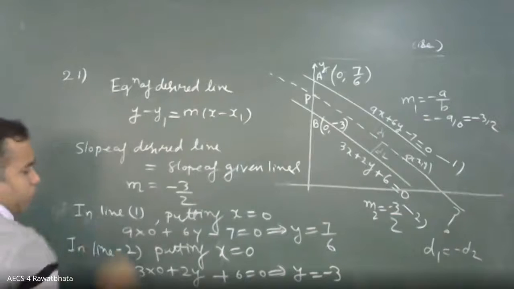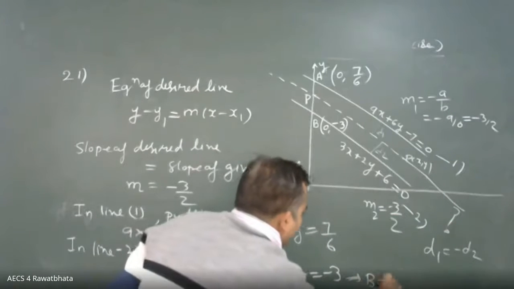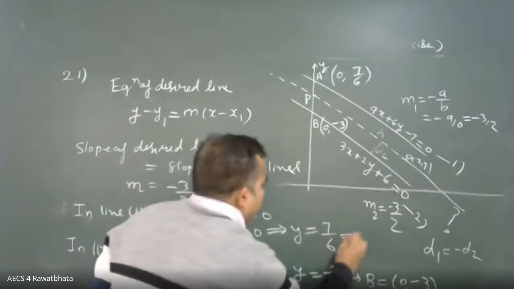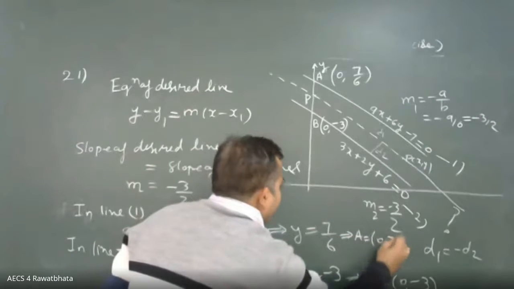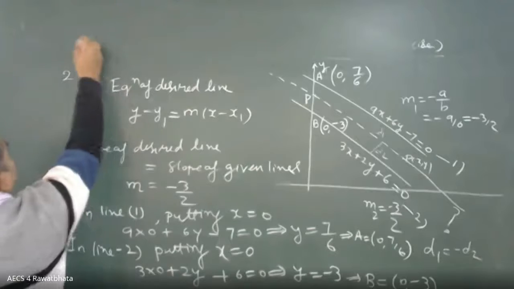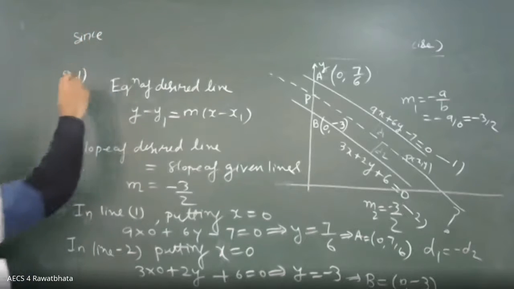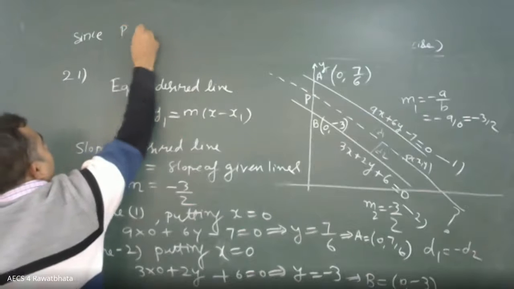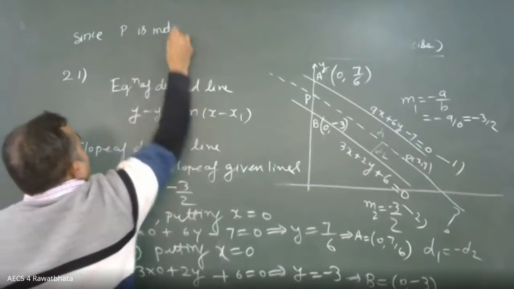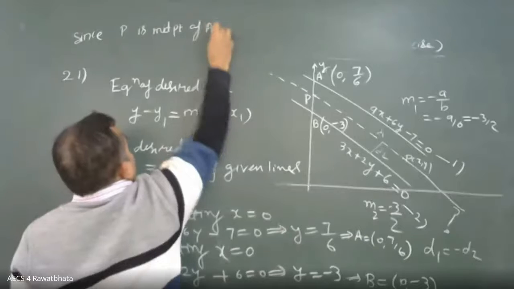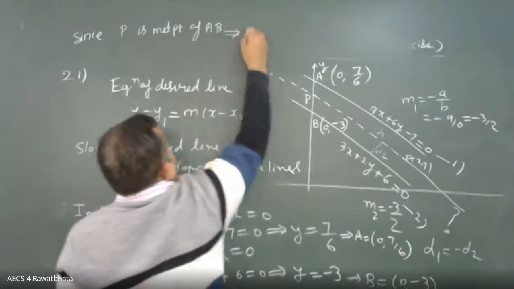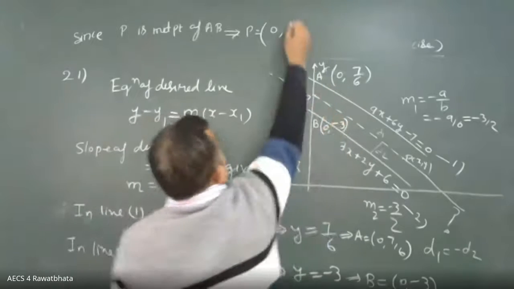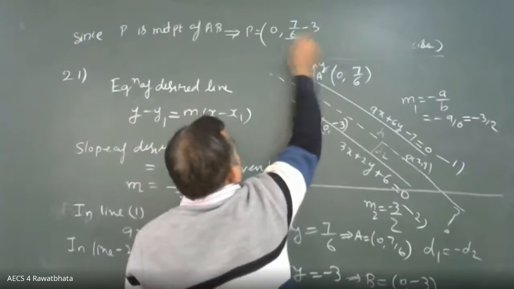So B coordinates will be here (0, -3). And this will give you A coordinates (0, 7/6). Since P is the midpoint of AB, P equals (0, (y1 + y2)/2) = (0, (7/6 - 3)/2).